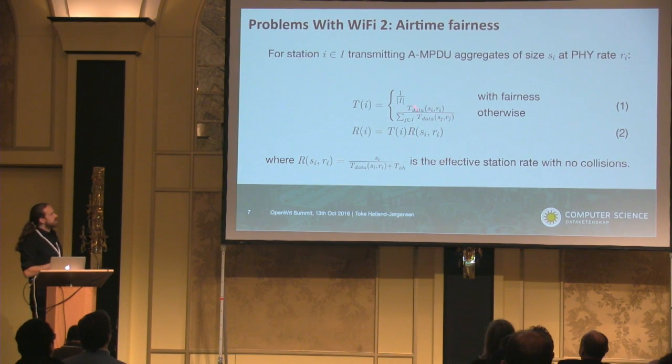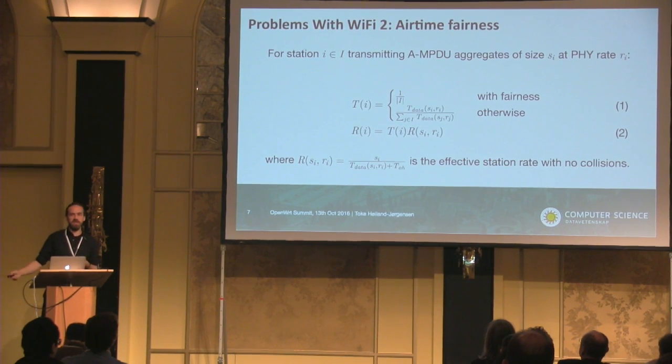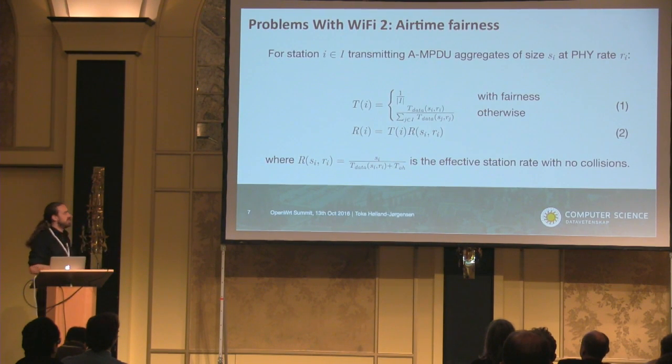However, this is the problem that we see in the 802.11 protocol. So the 802.11 protocol is designed so that everyone gets the same opportunity to transmit data. So that means it doesn't matter how long they spent transmitting this data. So if one station is transmitting at 1 megabit per second and another is transmitting at 10 megabits per second, that first station is going to spend 10 times as long transmitting one packet as the other station is.